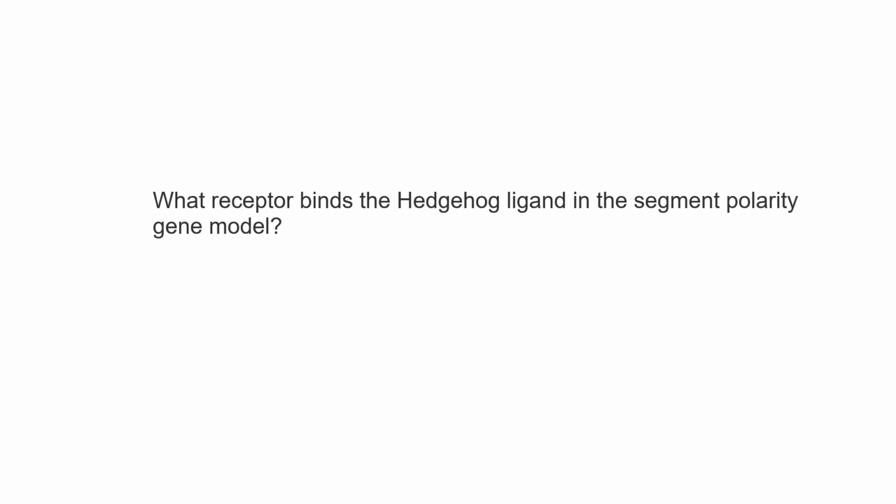Okay. So the question is, which receptor binds to hedgehog ligand in segment polarity? To understand this, in the segment polarity gene model, the hedgehog is secreted from engrailed expressing cells. So its receptor on neighboring cells is patched. When hedgehog binds to patched, patched inhibition of smoothened is relieved, which allows hedgehog pathway activation and target gene activation.